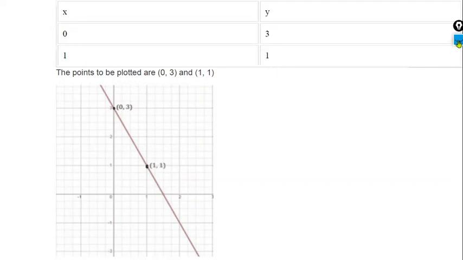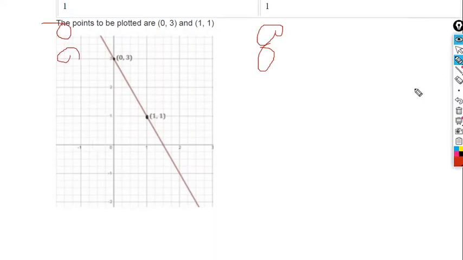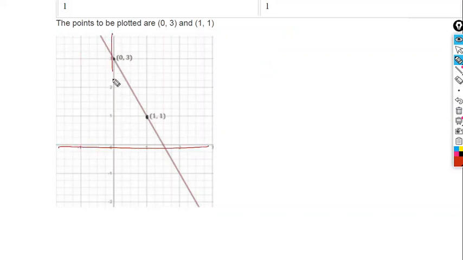So now we have to find the 0, 3 point and the 1, 1 point. So here again, draw the x-axis, draw the y-axis. Now distribute the points. This is 0, 0, this is 0, 1, 2, 3 like this, and this is 0, 1, 2, 3 like this.